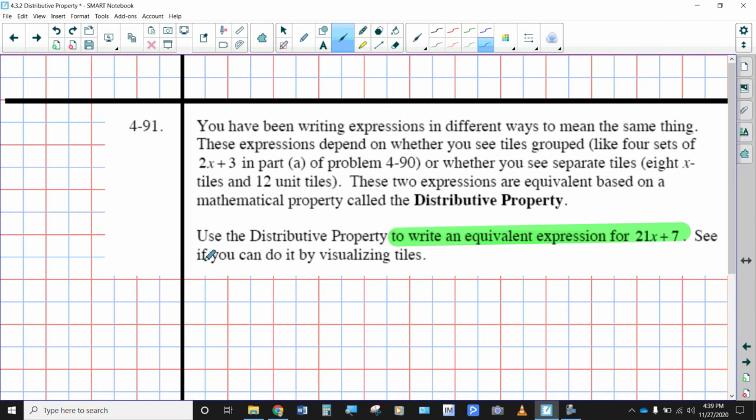So your last task is to write an equivalent expression for 21x plus 7. If you want to use algebra tiles, you can do that, or you could draw pictures, or you could just use a little bit of logic.